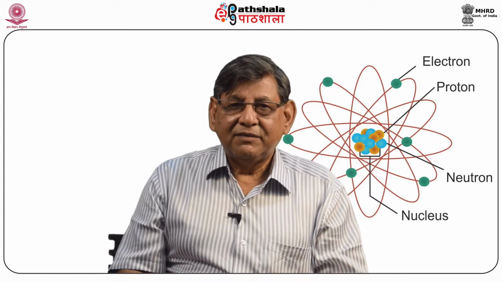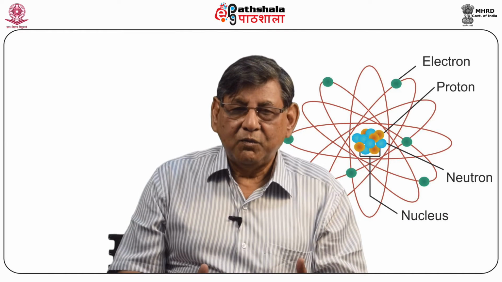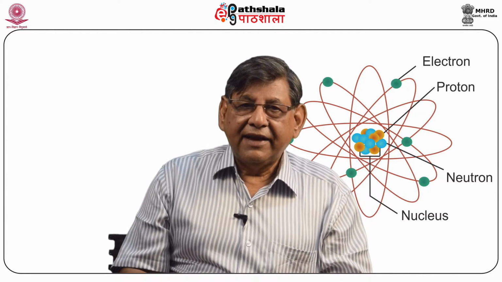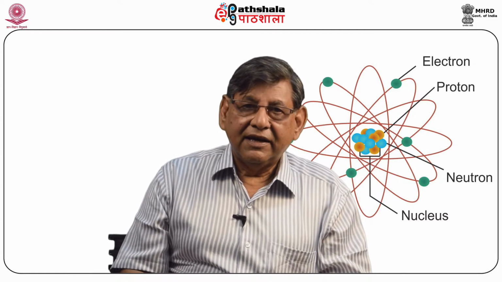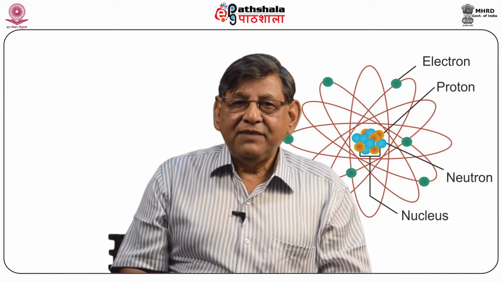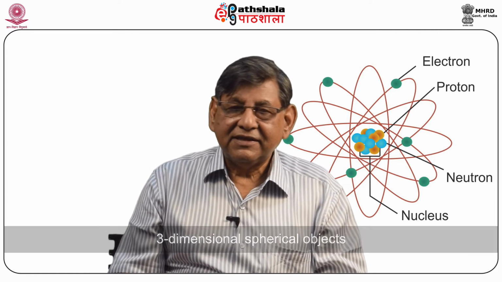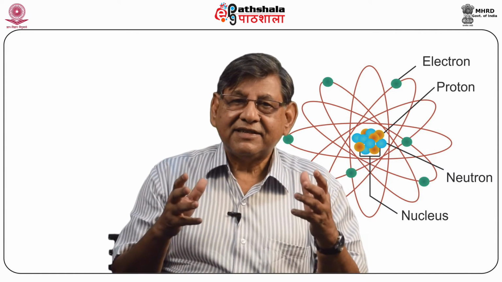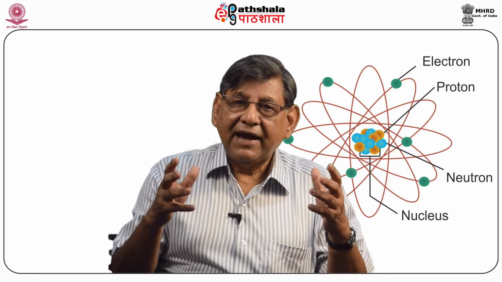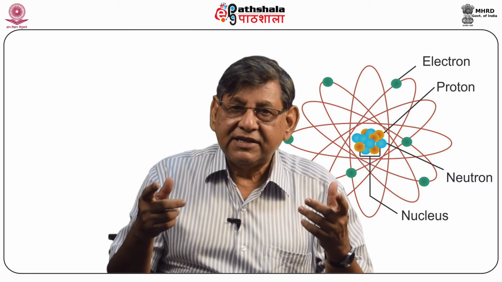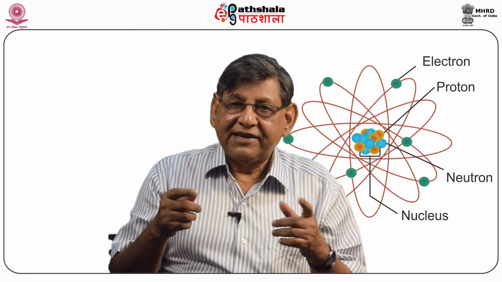Now let us discuss a few points about elliptical orbits and the existence of shells in atoms. The atoms are actually three-dimensional spherical objects, and they have both circular and elliptical orbits having different orientations in space, as in the planetary model.